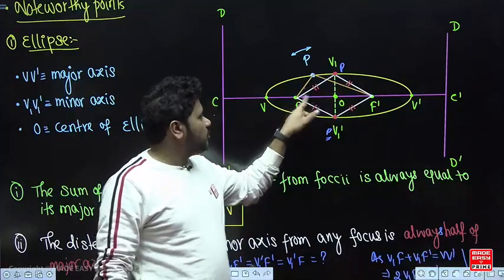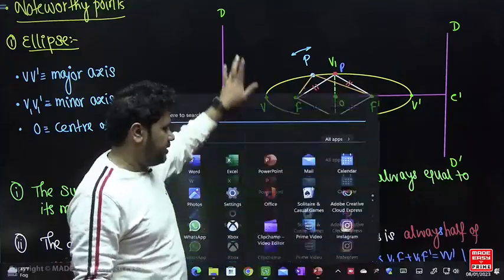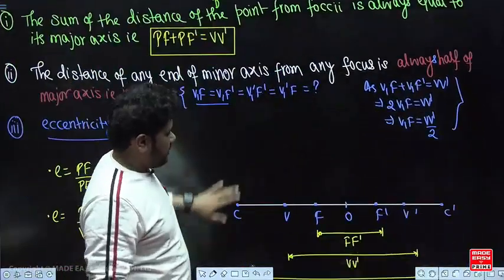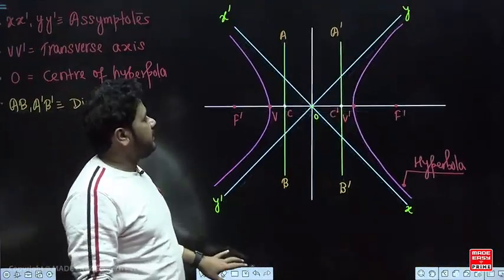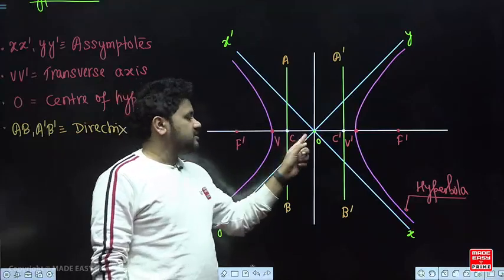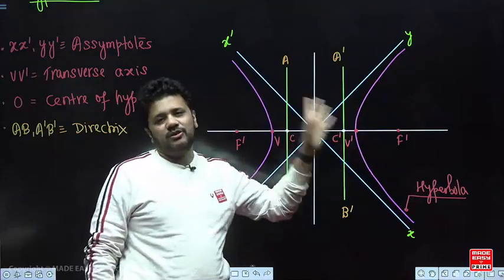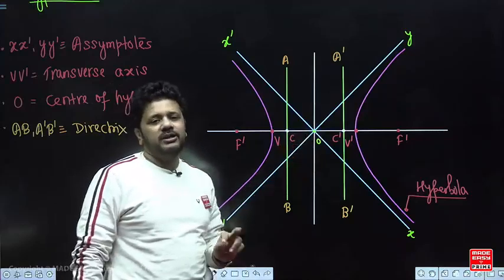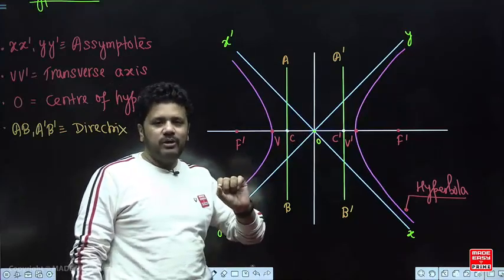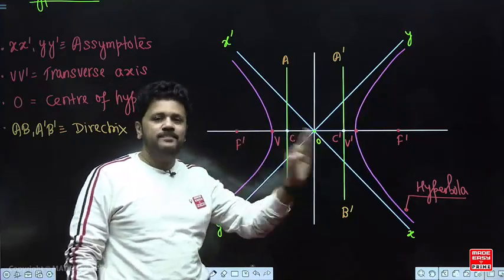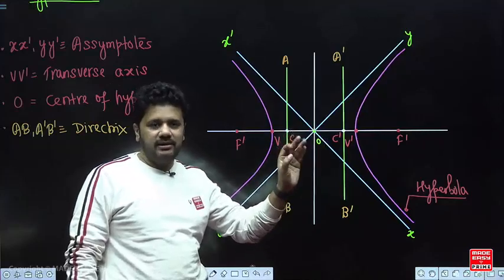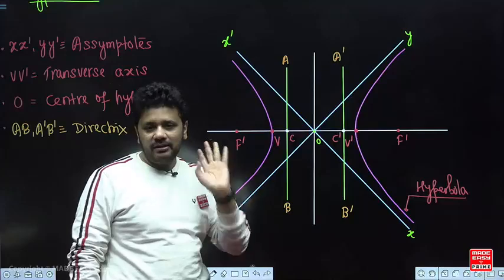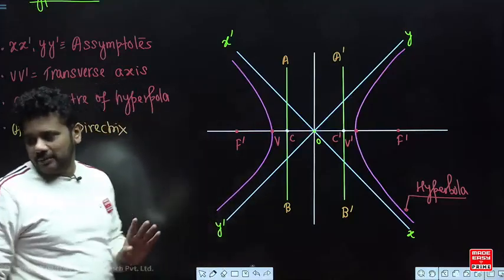So in the ellipse the focus is closer to the center. But in the hyperbola the focus is farthest from the center, right? So that is the difference between the ellipse and hyperbola. In the ellipse the focus will be closest to the origin or the center, and in the hyperbola the focus will be farthest from the center of the hyperbola.